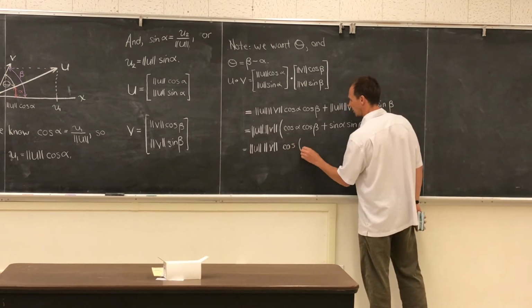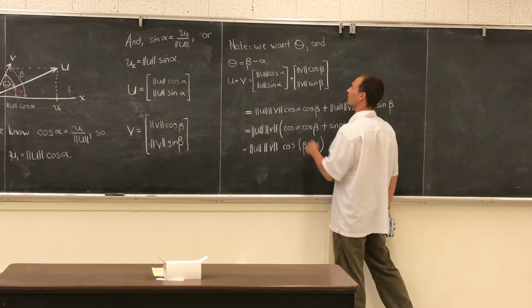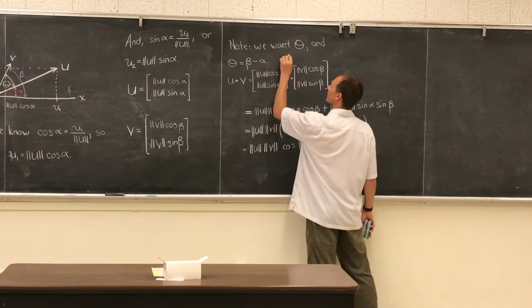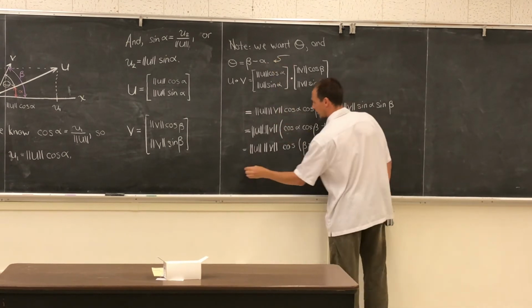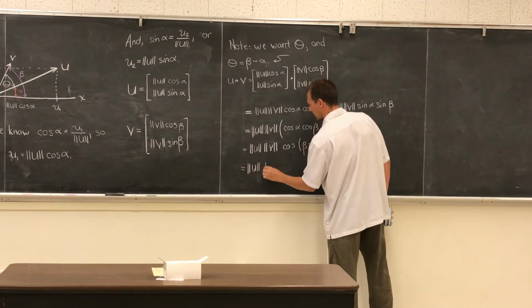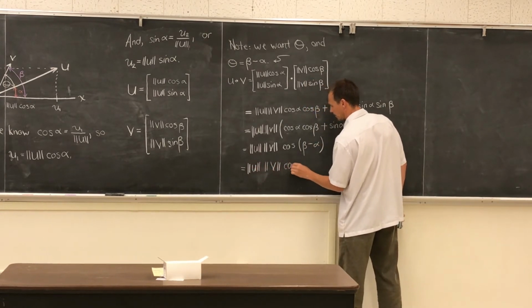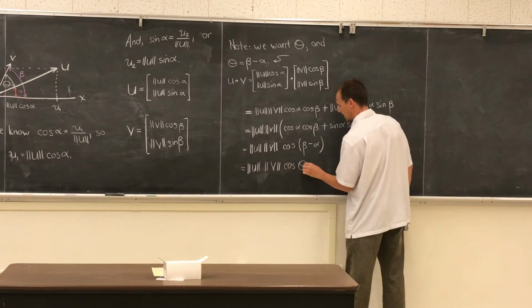The cosine of beta minus alpha. But that's what we wanted. It's right here. And there's our answer. This is equal to the length of u times the length of the vector v times the cosine of theta.